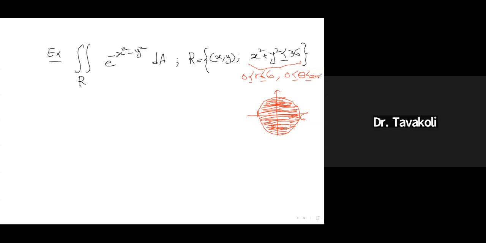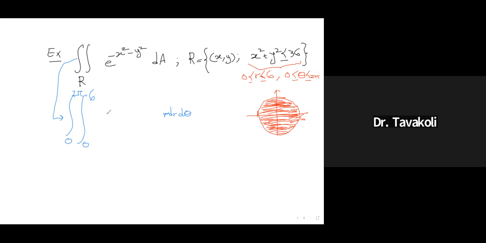Now let's try to do the integral. So r runs from 0 to 6, theta from 0 to 2 pi. That's dA is r dr d theta.